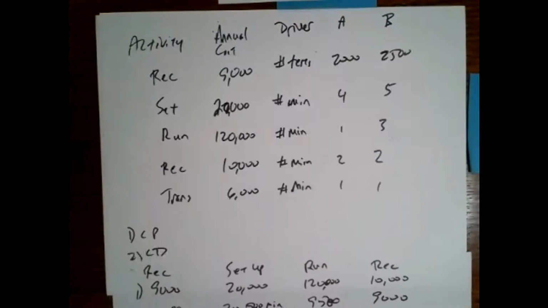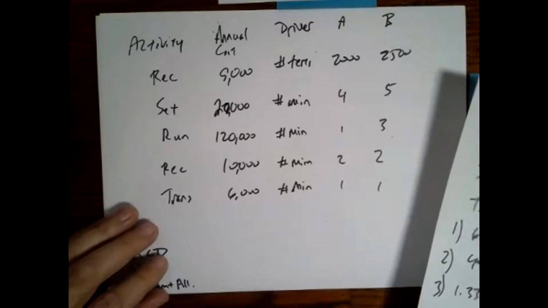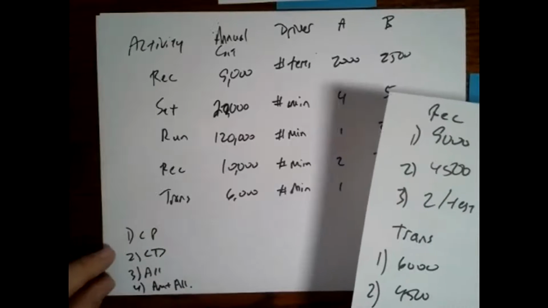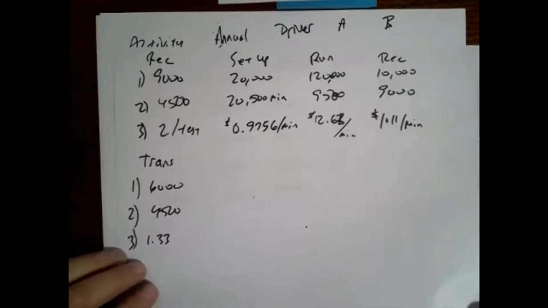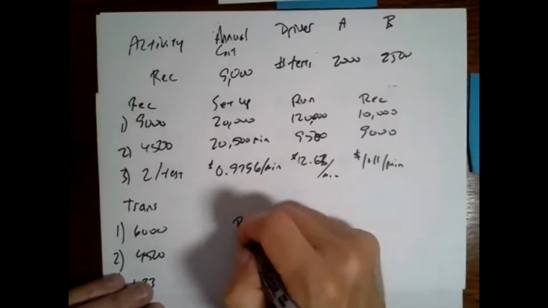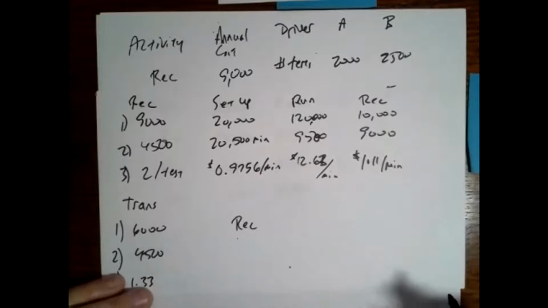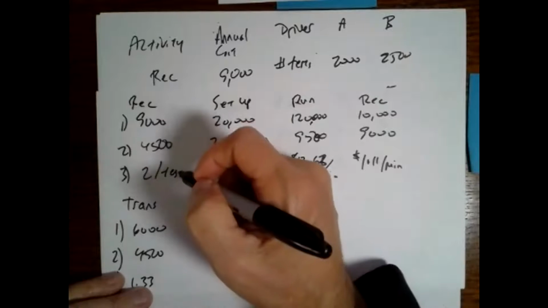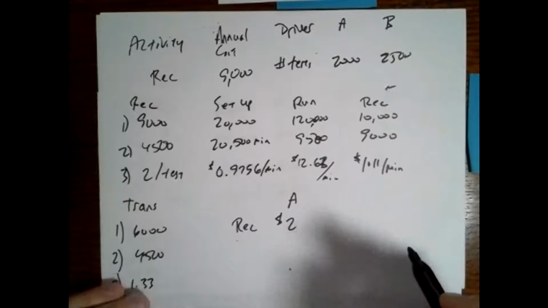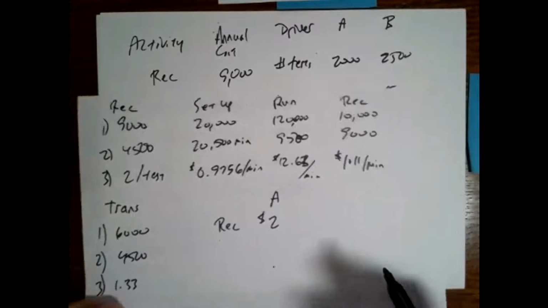Okay, so now we have all of the allocation rates. For test A, the cost to receive is $2 per test. For test A, we also have setup cost.